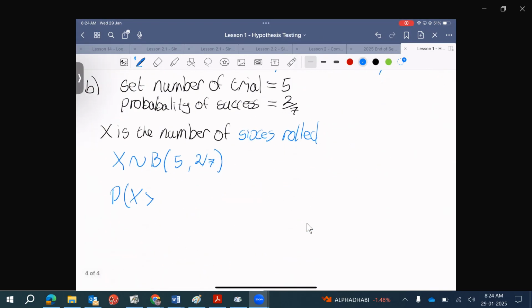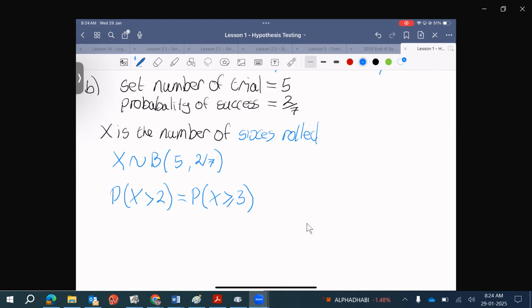So more than 2. With a binomial distribution, we have to change that across to say that this is X is more or equal to 3. We can't do more than, we have to do more than or equal to. It's a discrete probability distribution.